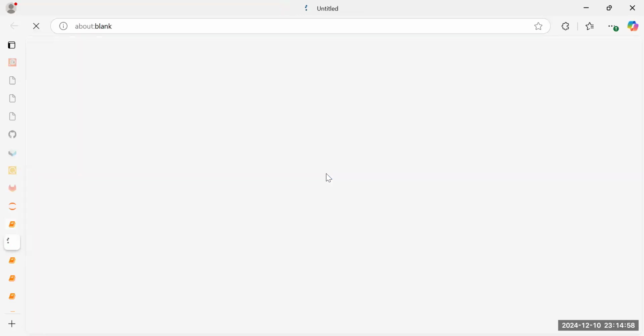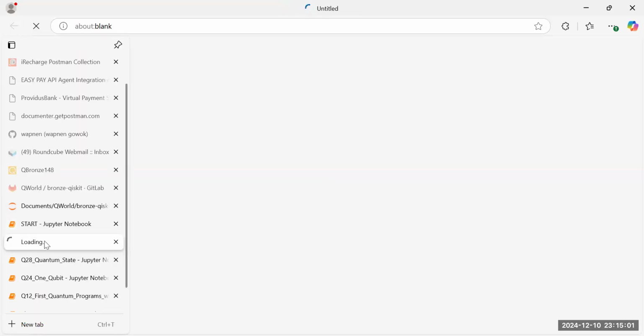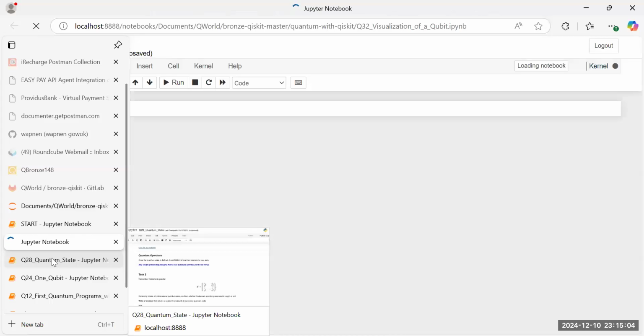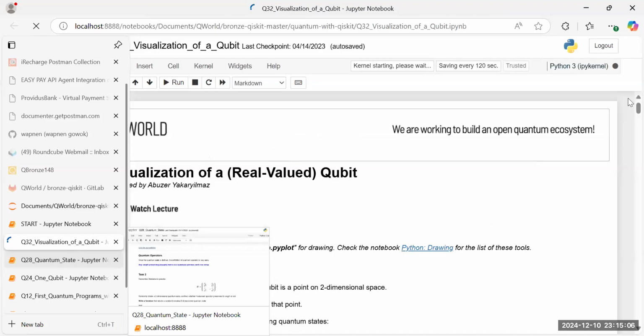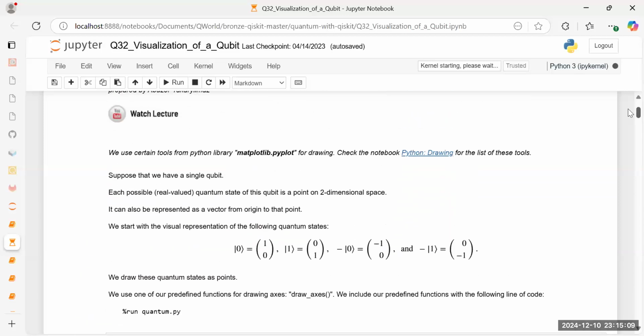So let's move on to visualizing a valid quantum state. Thus far, we've looked at the 0 state and the 1 state. But we can also have the minus 0 state, whereby the 1 has a negative sign in the vector here, and also for the -1 state, the 1 here also has a negative sign.